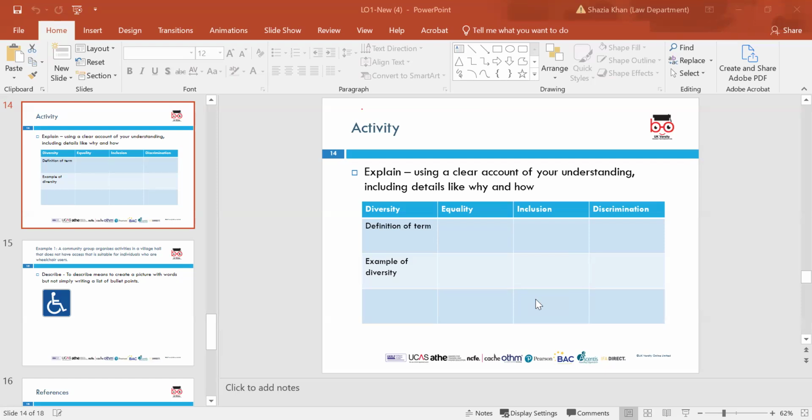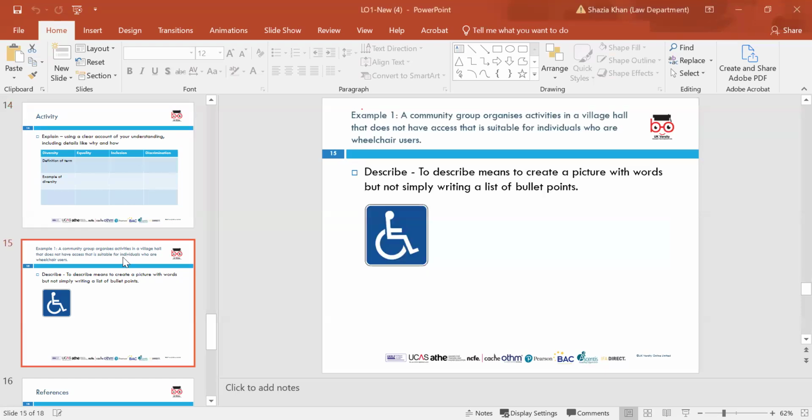And there are people out there that are disadvantaged because of this, and people need to make sure that they are developing and implementing these elements into their working life, so there are no forms of discrimination. So for example, a community group organizes activities in a village hall that does not have access that is suitable for individuals who are wheelchair users.